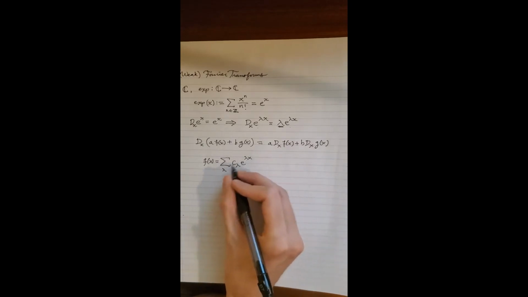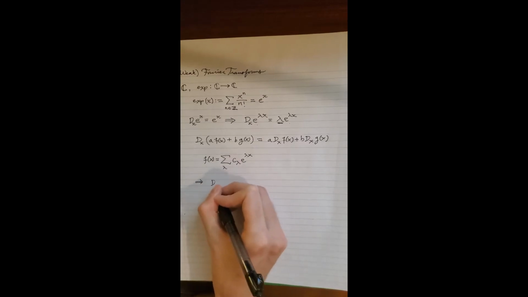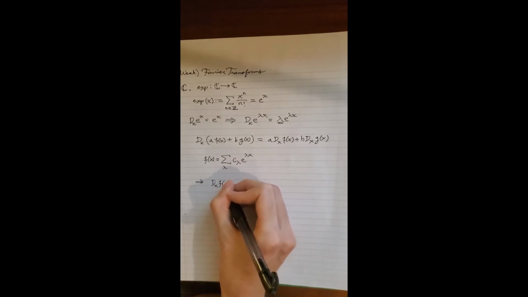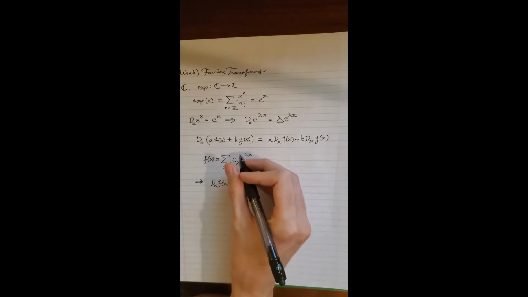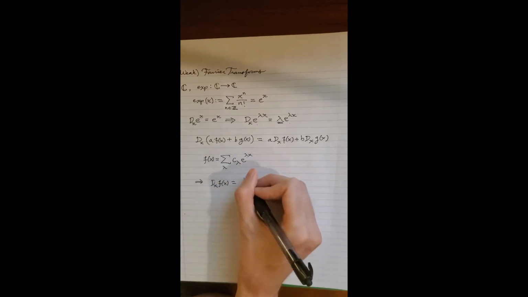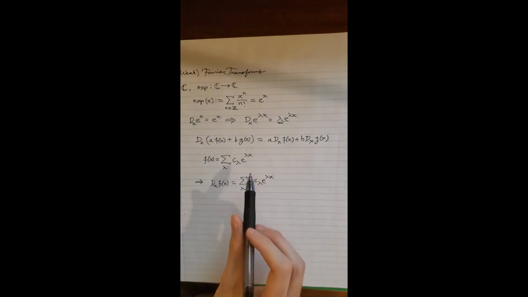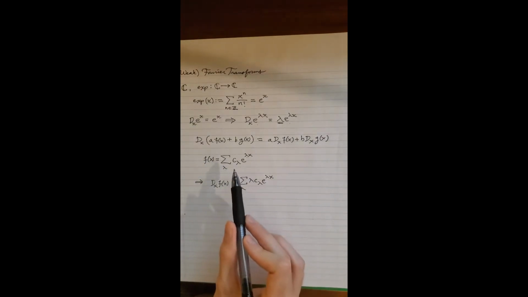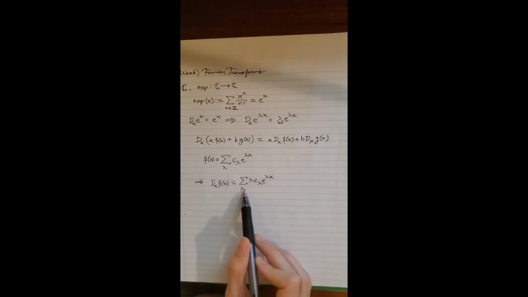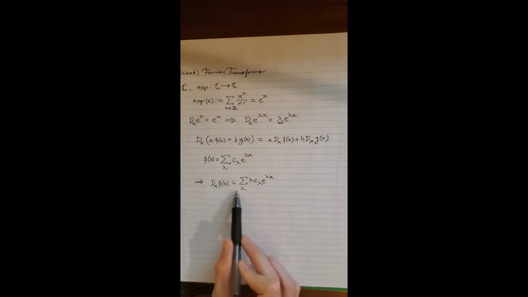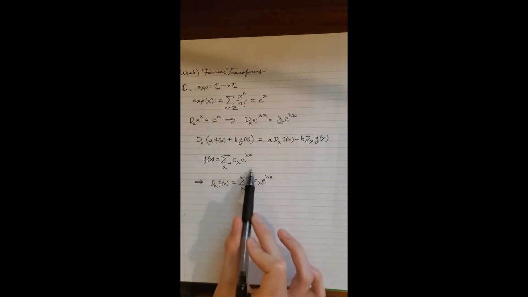If we write this, then the derivative of f of x is basically the same sum, except you bring a lambda down. This is not always true, and this is not being extremely rigorous. We still have to talk about convergence. But if this converges, then this series is going to be the derivative of this series.